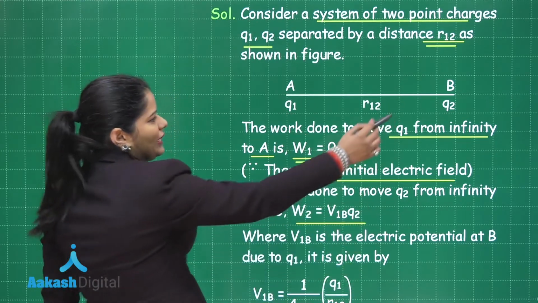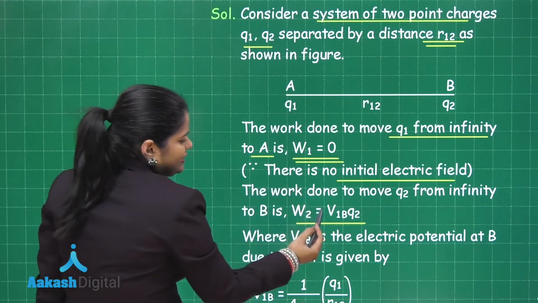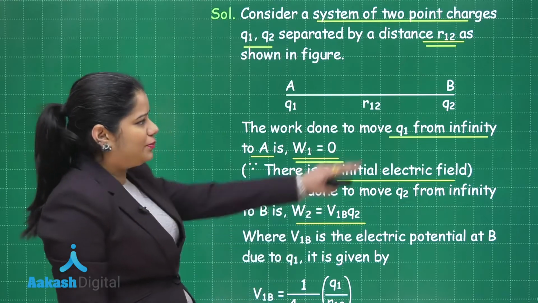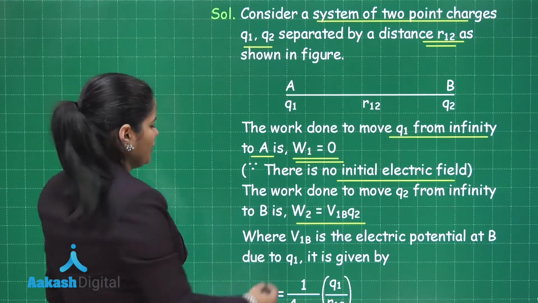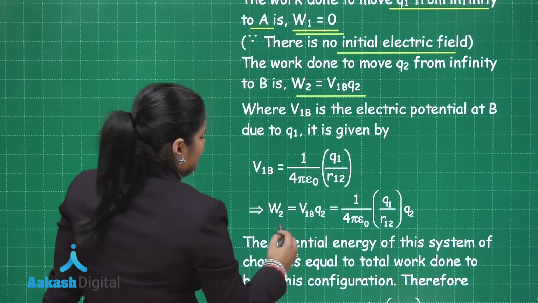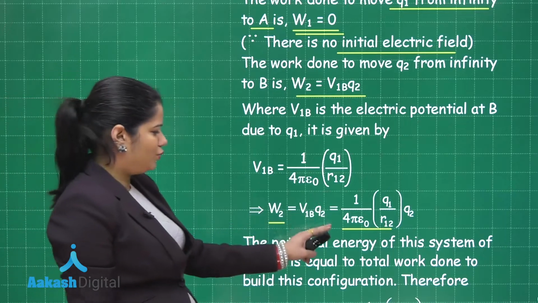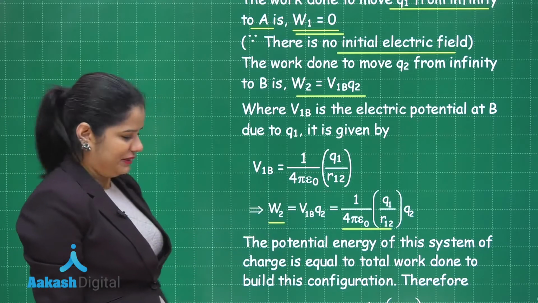There is going to be the potential at point B due to this charge Q1. So this V1B is the potential at point B due to charge Q1. Okay, further, so this is the W2 which is Q2 multiplied by V1B.